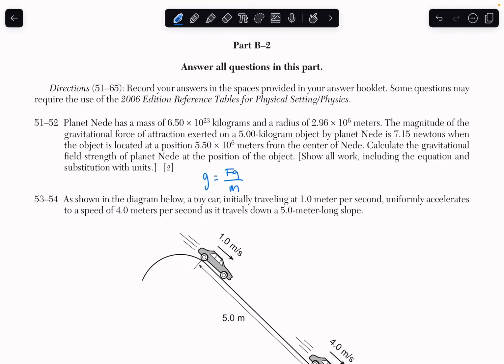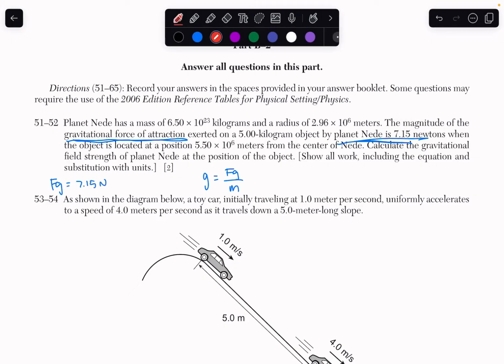So, Fg is the force due to gravity, and it says here that the magnitude of the gravitational force of attraction by Planet Need is 7.15 newtons. So we know that Fg is 7.15 newtons. And it also tells us what the mass is.